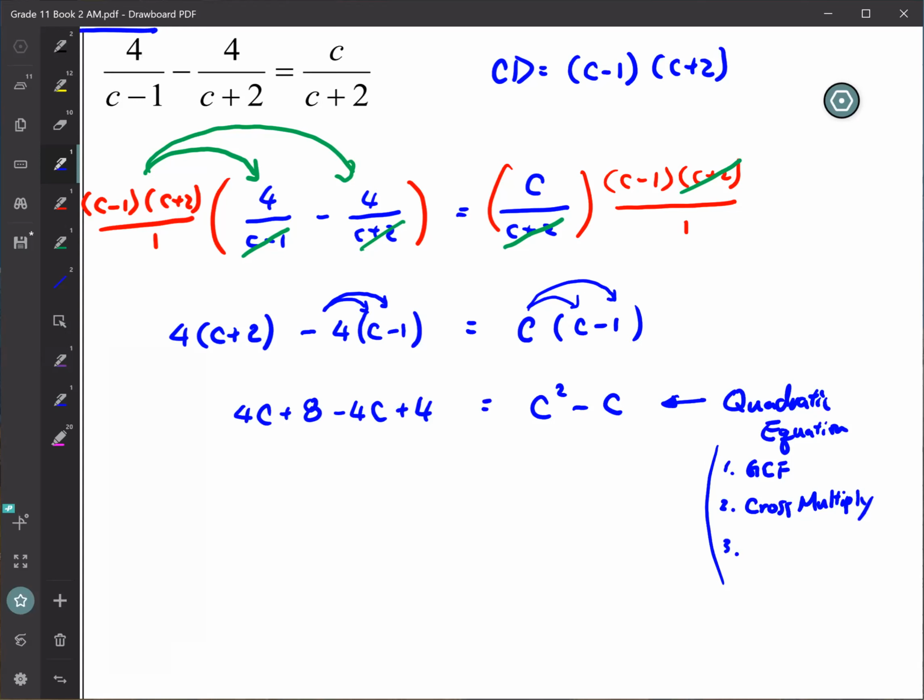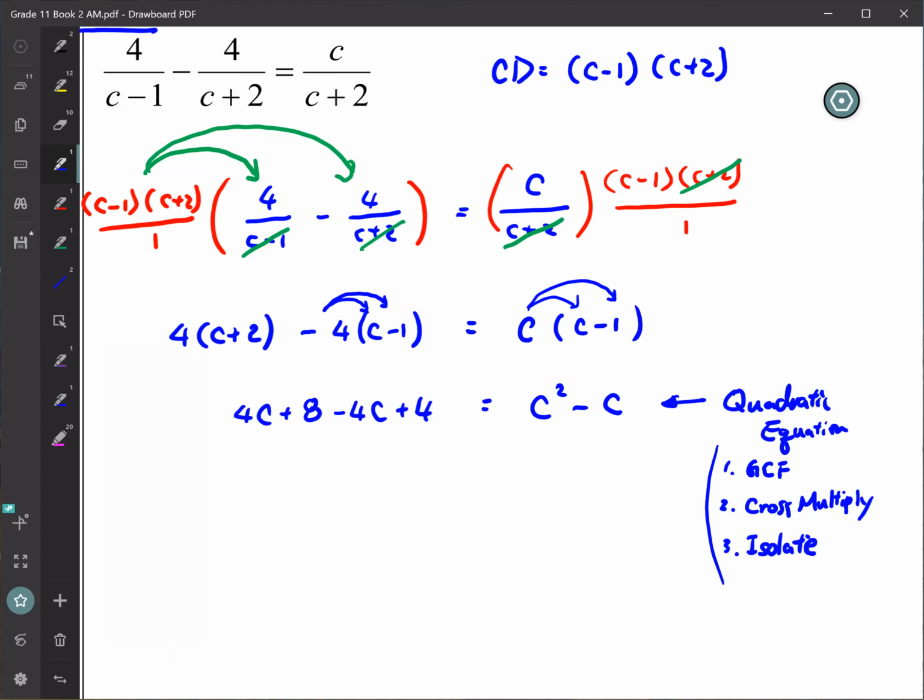Use this opportunity to review all the methods. Does anyone remember what's the third method? Isolate variable. Okay, you guys have to look back at the quadratic equation chapter, not the factoring.